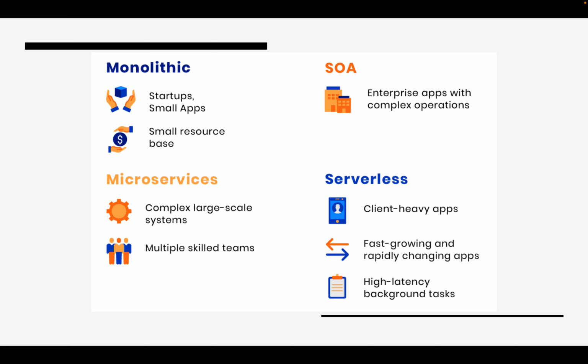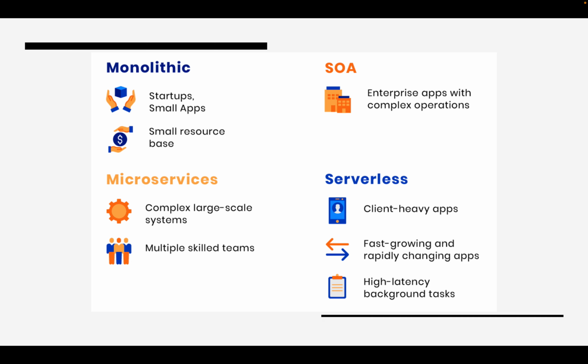But also you need to keep in mind that different architectures are created for different purposes and for different kinds of projects. So monolith is probably good for startups and small apps.